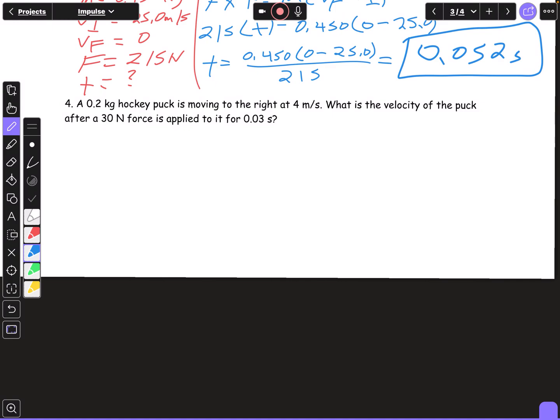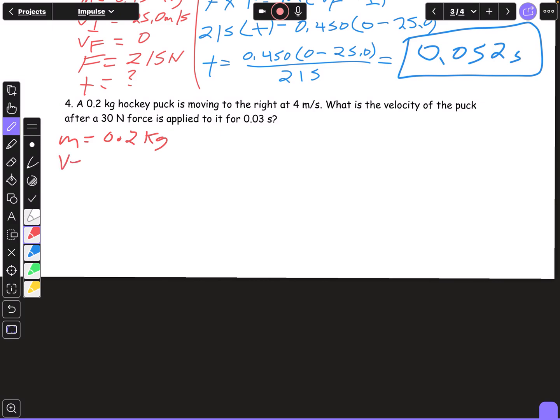So it's telling me in this case that my mass is 0.2 kilograms. It's moving to the right at 4 meters per second.